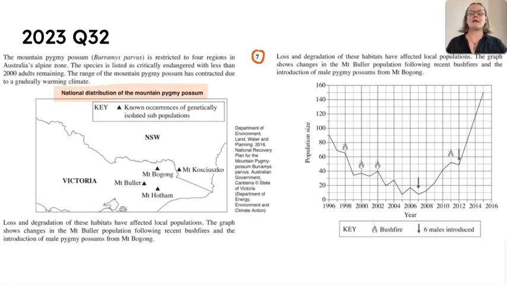And then we have a table and graph on this side showing changes in the Mount Buller population of possums following recent bushfires, and following the introduction of male pygmy possums from another area.